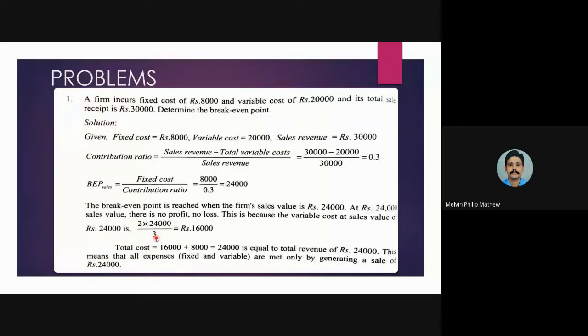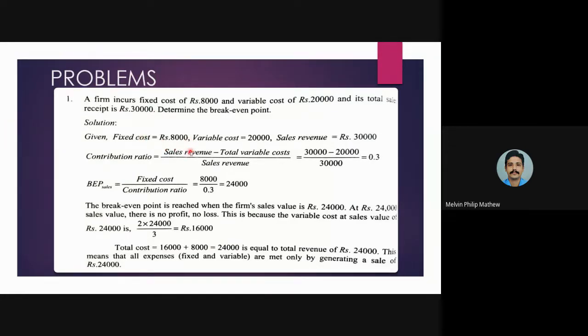That is incurred at the break-even point. So 24,000 into 2 by 3 is equal to rupees 16,000, and we have the fixed cost here, which is 8,000.